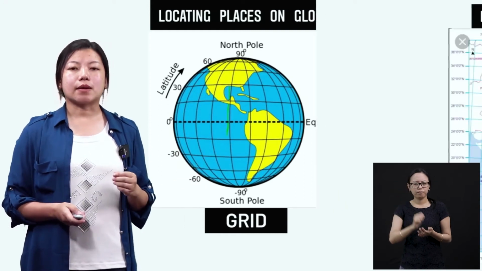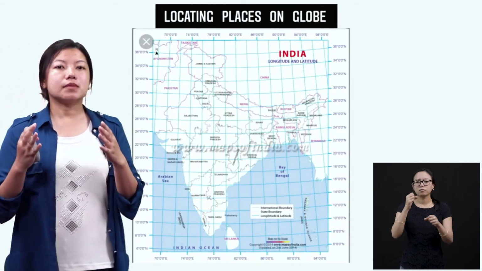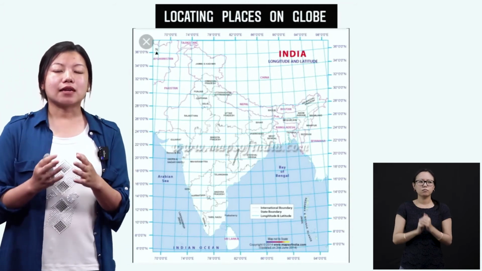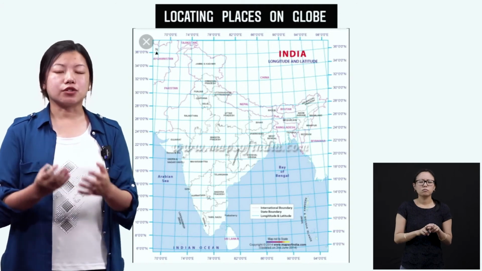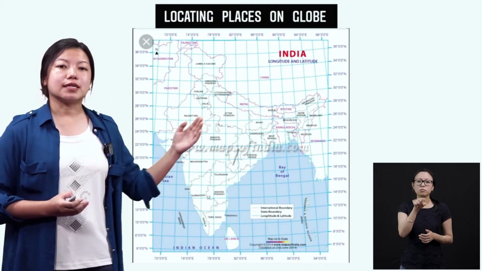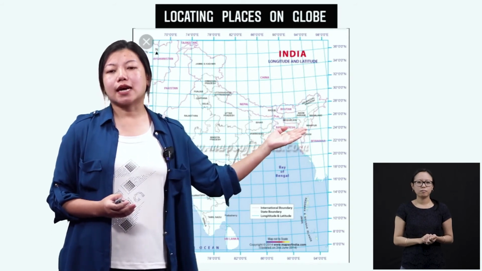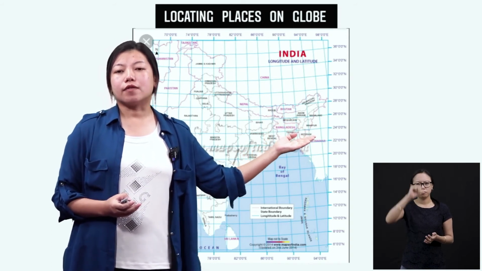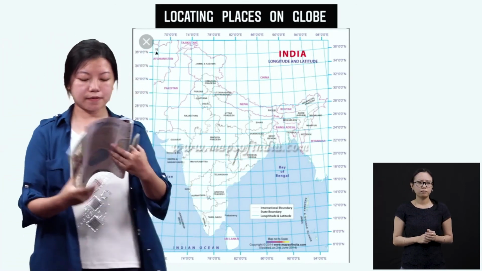Now let's take an example from this map, India map, okay? Now if somebody asks you where is Nagaland, you can see here that Nagaland falls from, I have to refer to the textbook.